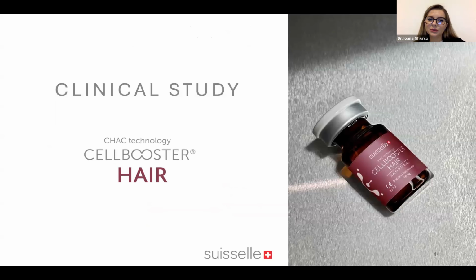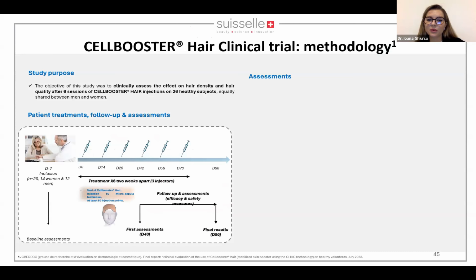Next slide. In order to demonstrate even more the efficacy and safety of Cell Booster Hair, a clinical study was conducted on 25 healthy subjects, equally divided between men and women.